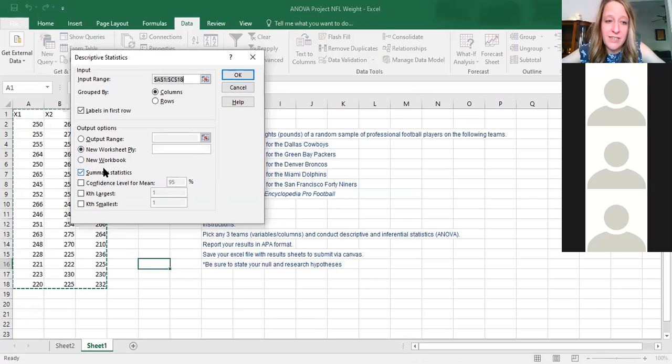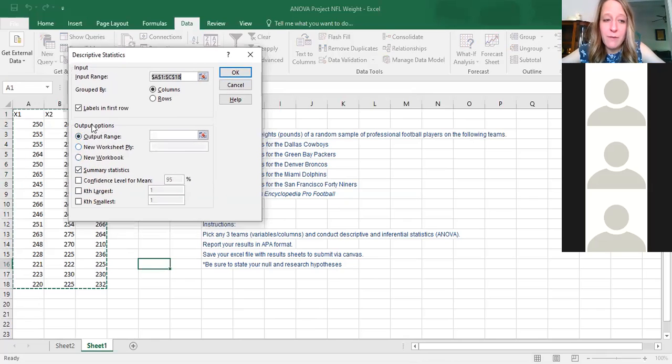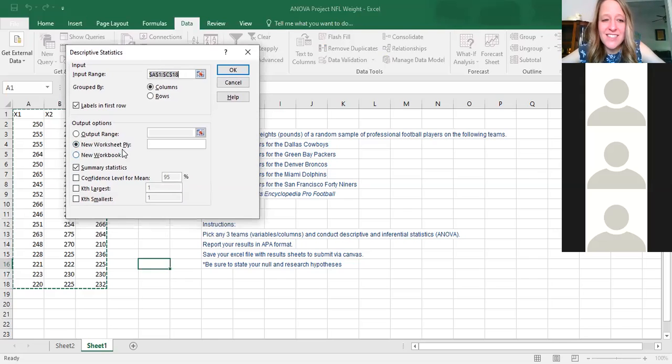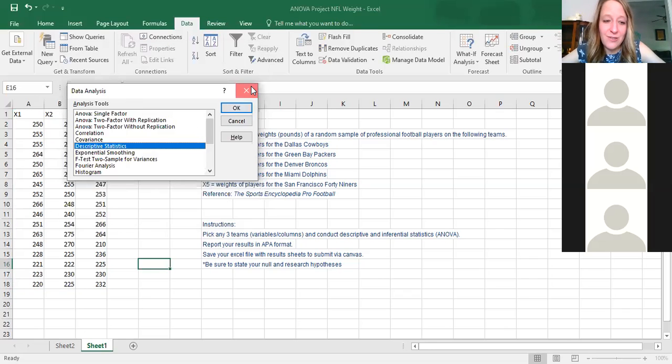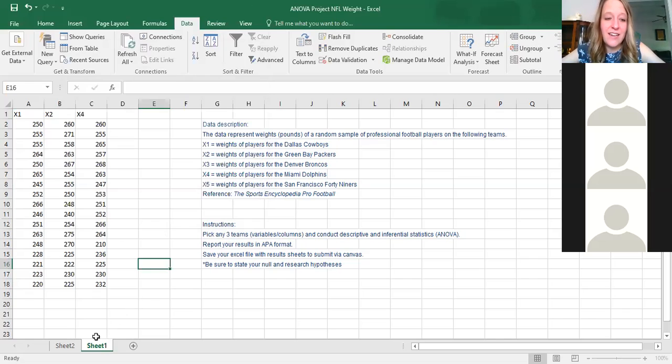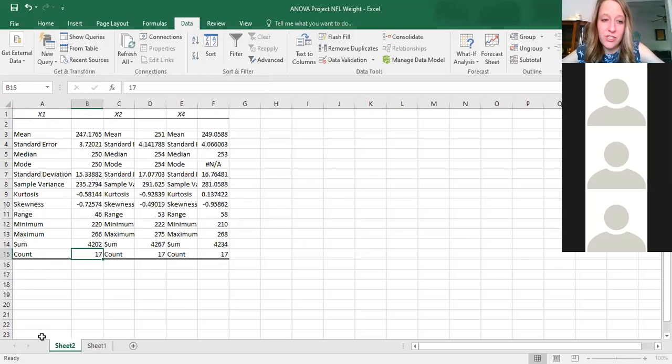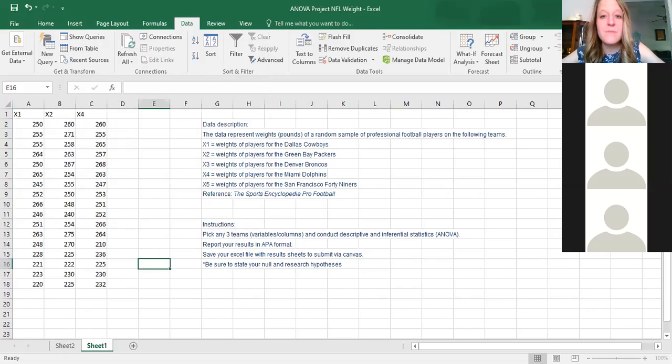I have it where it's putting it in a new sheet. You could even have it put it in the same one, and you just have to tell it where to put it. But this is saying in a new worksheet. And so it creates that as soon as you click OK to run it. The sheet 1 was where all your data was. It created a new sheet that has all of your output, your results.